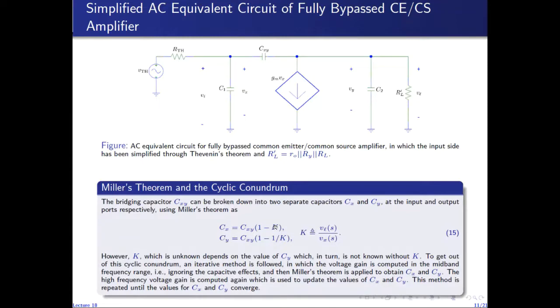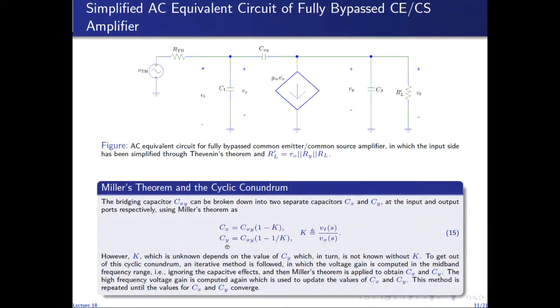Since we do not know the value of K, we cannot decompose this capacitor CXY into these two capacitances. On the other hand, if we wish to find the value of K by simplifying this circuit, by decomposing this capacitor into CX and CY, then CY is unknown.